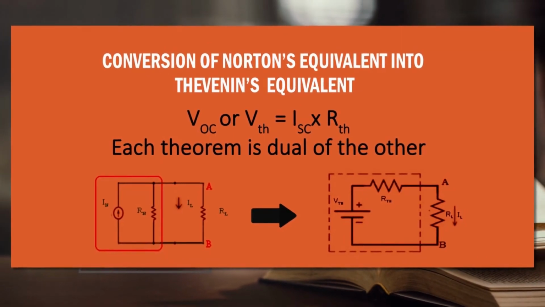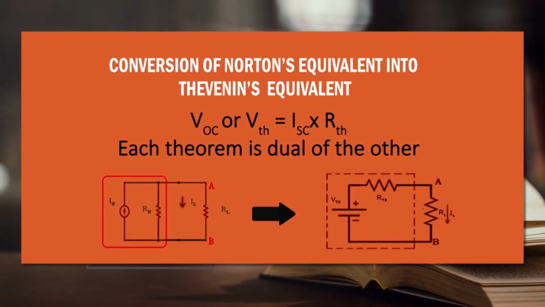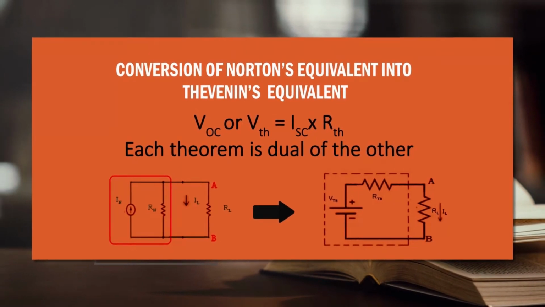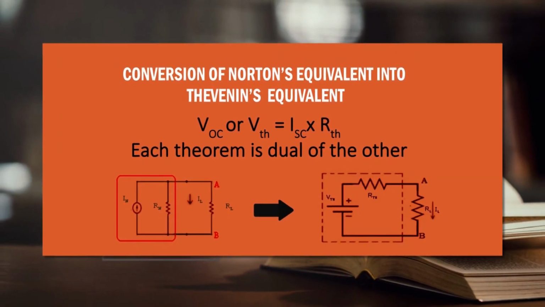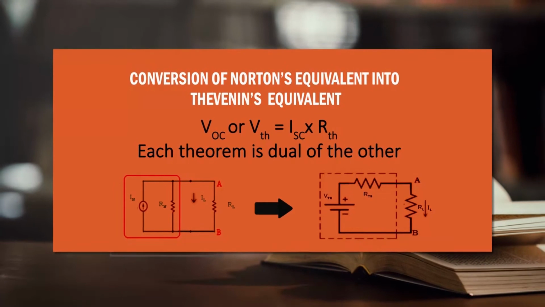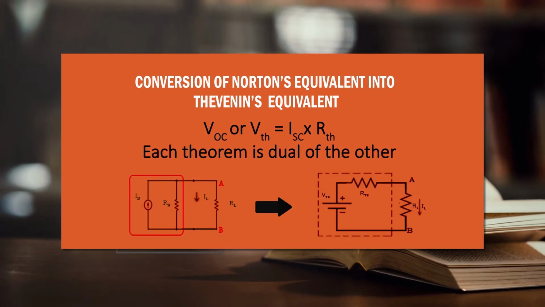RN is connected in series with the Thevenin voltage and is called RTH, and the load resistance is connected between terminals A and B. So this is how you can convert Thevenin equivalent into Norton equivalent or Norton equivalent into Thevenin equivalent.